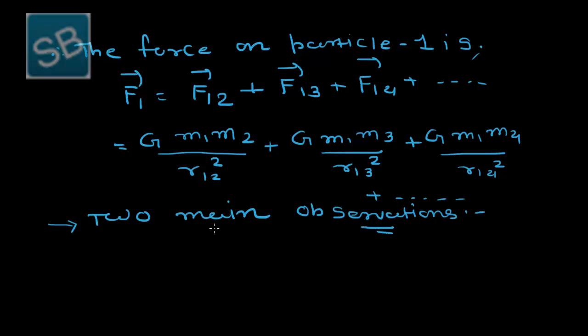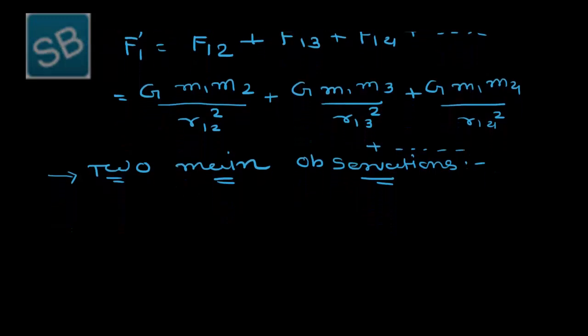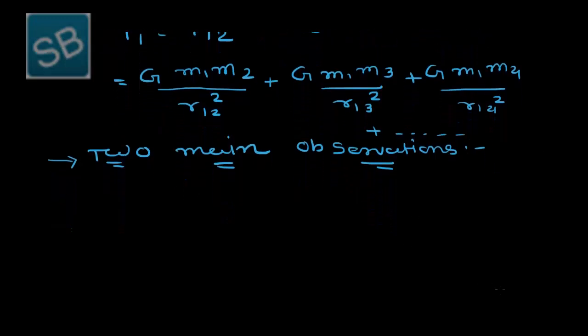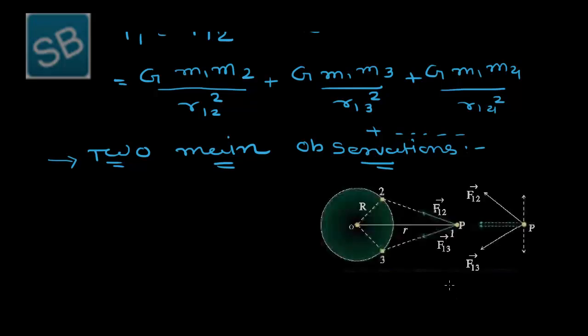From this theory, in this particular case I am giving you the arrangement of three particles. So here is the first particle which is at point P, this is second, and this is 3, and the direction of force you can clearly see.